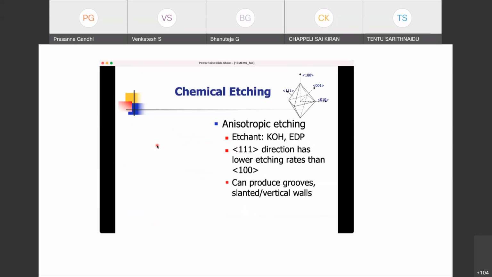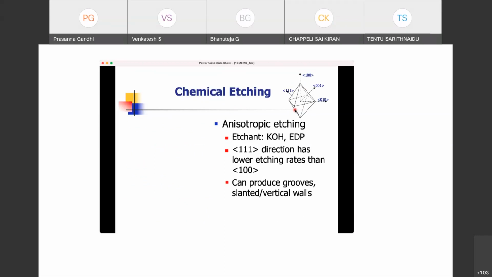Now, anisotropic etching is where the crystalline nature of the silicon single crystal wafer comes into the picture. So a silicon wafer is actually a single crystal wafer, and all the atoms inside it are arranged in one particular fashion in that wafer.